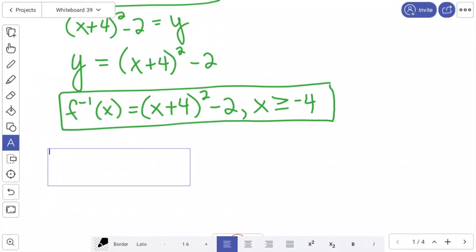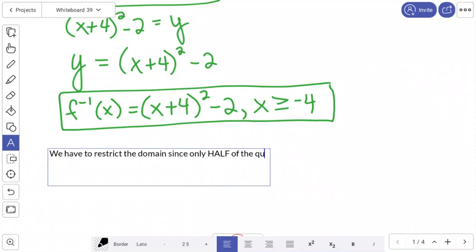We have to restrict the domain since only half of the quadratic represents the inverse. Okay, we have to restrict the domain because only half of that quadratic, that parabola, represents the inverse.